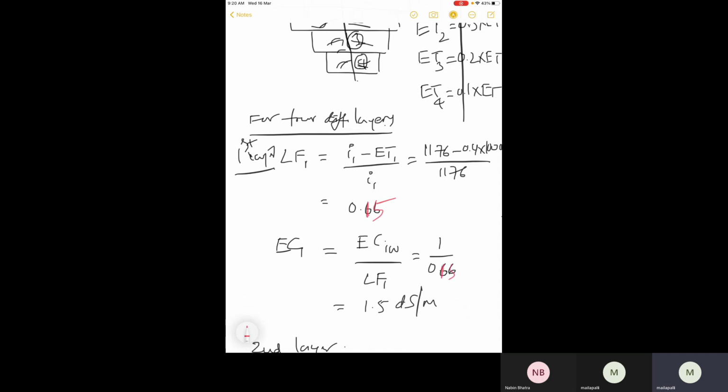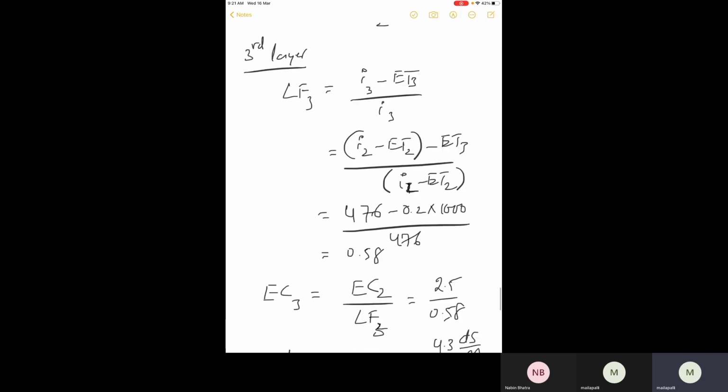So if you put 0.15 here, this will be 6.7 deci per meter. So the point here is, if you consider all 4 layers as a single layer, you get 6.7 deci per meter, and that is also clearly seen here.